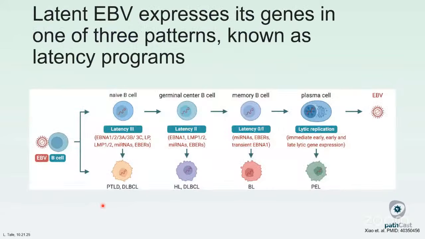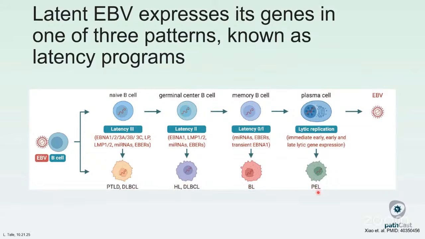And you may be familiar already with this concept of latent EBV, and during different types of the latency, it expresses different genes in 3 patterns. Thus, we have latency 3, 2, and 1 or 0. And at each particular point, we have different differentiation of the particular cells, as well as different expressions of the viral proteins and associated diseases that we can see at various latency phases.